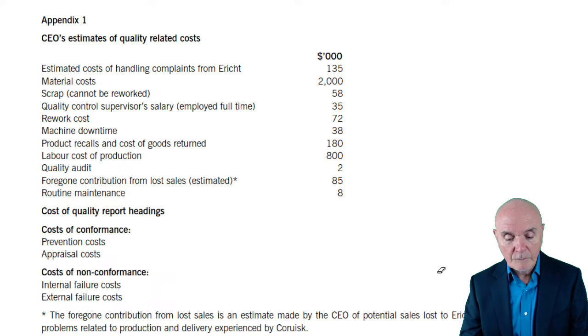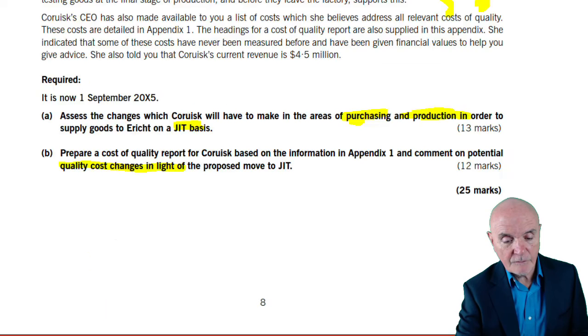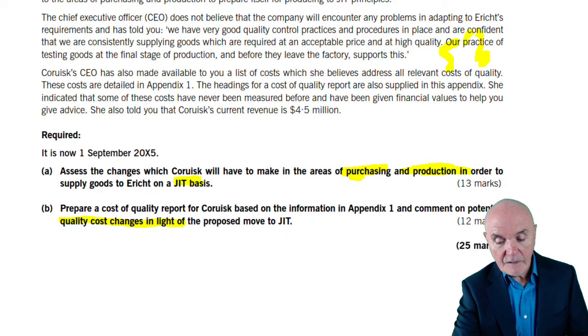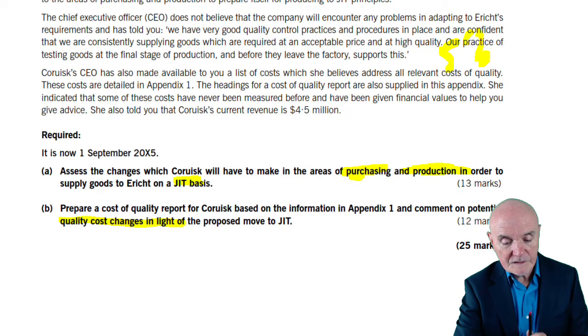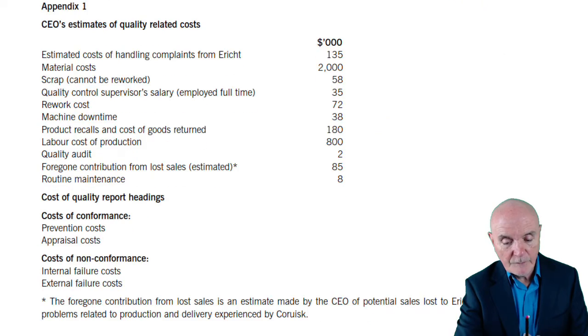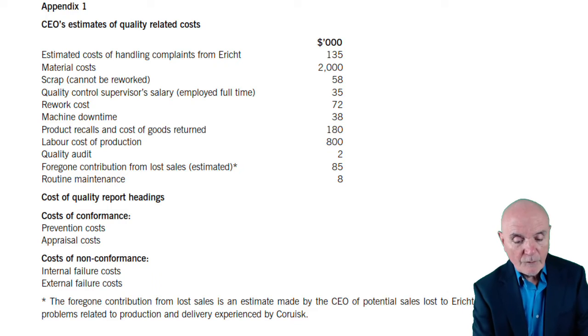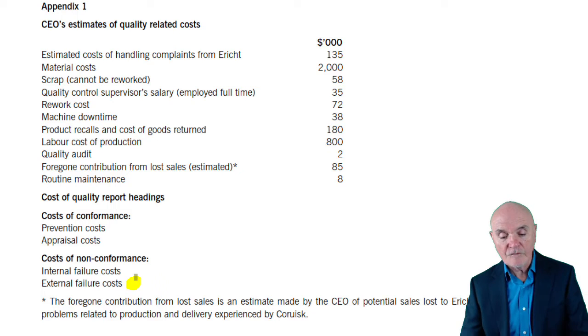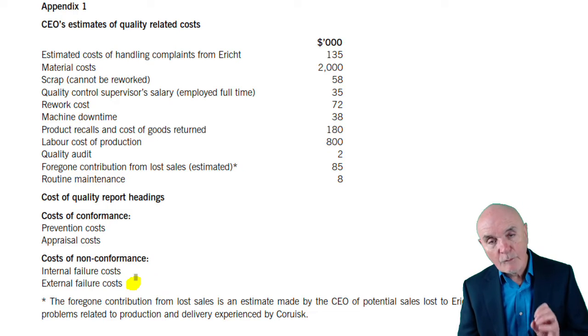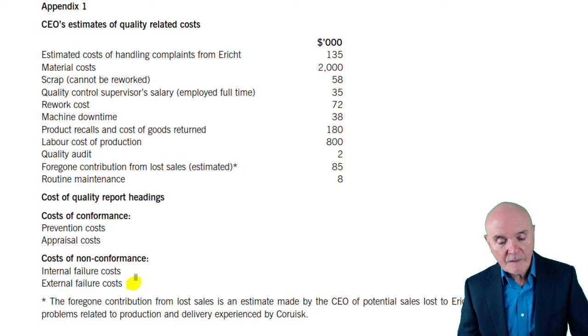I think what they're probably looking for in here, let's just see what it says again. Comment on potential quality cost changes in the light of proposed move. So we can't have this huge incurrence of costs and external failure costs. Our customer won't put up with this 5%.